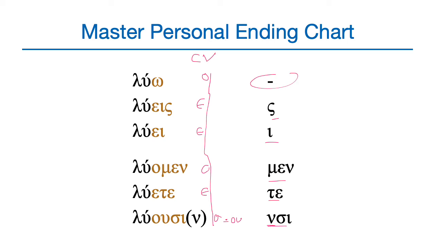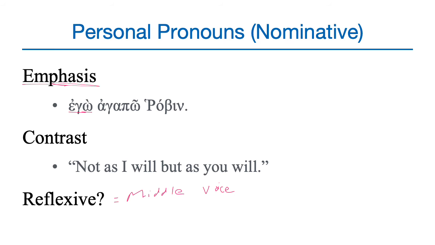Stem is Lu, connecting vowel is omicron, but the third person plural ending is nsi, nu sigma iota. Because the omicron comes before a nu, the nu drops and the omicron lengthens to ou, so you have Luousi. If you do not understand that, replay this or ask me a question.